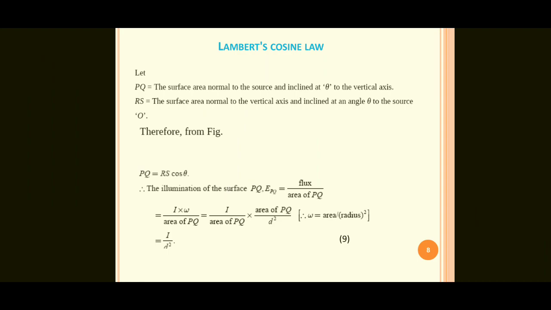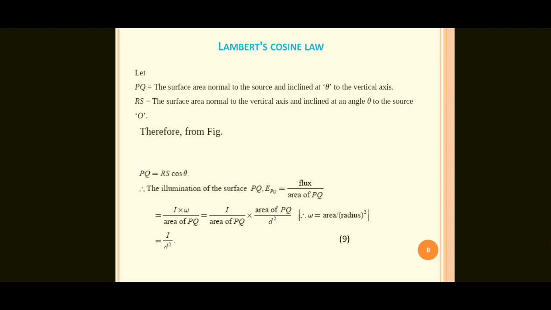So the illumination of the surface PQ, EPQ, is equal to flux per area of PQ. Flux means I into omega, by area of PQ.